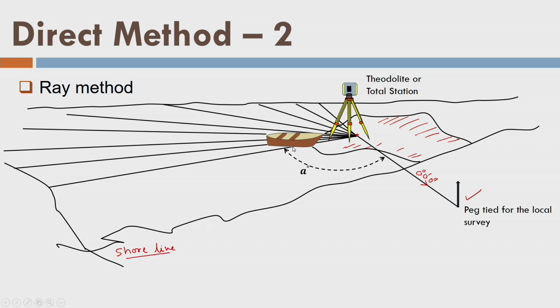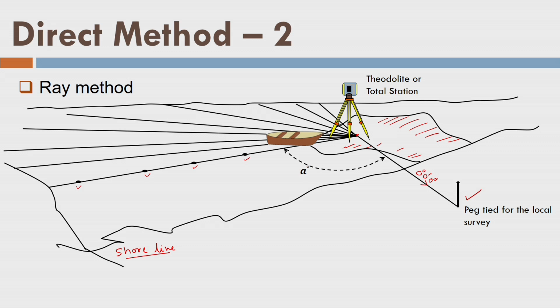Then again we will observe points like this at a regular interval, and we will measure the sounding, and again we will come back to the same position, back to this point. Now you can observe that we have observed a few points, at a regular interval. We have collected a couple of points along a ray line, and that is why it is called the ray method. What is next?